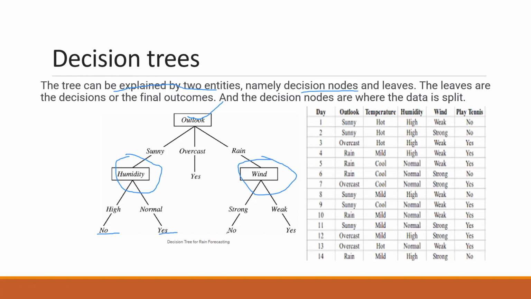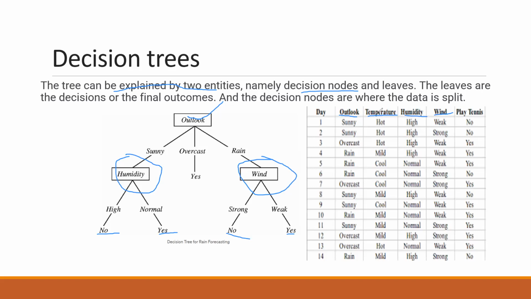These are the classification labels. The labels which are associated with a node always have some conditions. How are these conditions assigned? Here we have outlook, temperature, humidity, and wind. These are the features, and different features have different values.